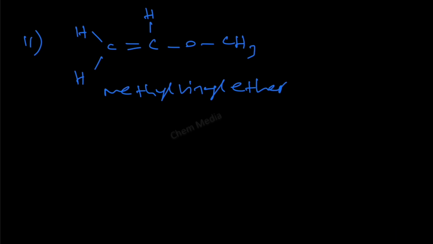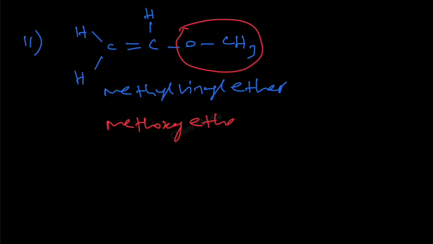But the IUPAC name is methoxy, because we have the methoxy group here. Methoxyethene, not ethane, ethene, because we have the double bond here. So therefore ethene. And the same in bond line notation would be 1, 2, and then the oxygen atom, and then the methyl group, and then the double bond. That's the corresponding structure in bond line notation.